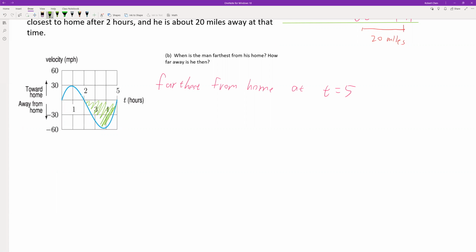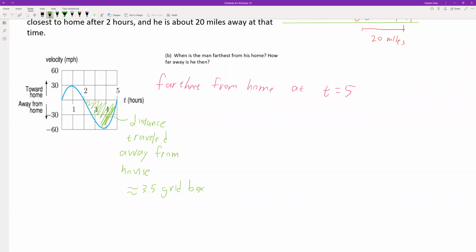This will be the distance traveled away from the house. Let's say this area is about 3.5 grid boxes. Of course, this is just an approximation, and it would be hard to find the actual distance traveled, but an approximation will do for now.